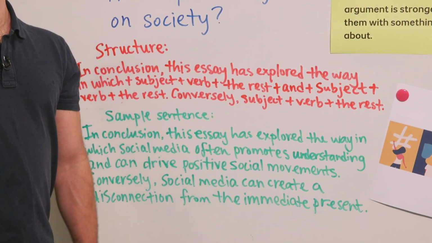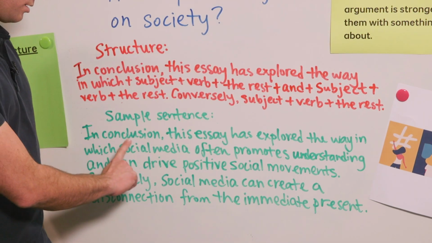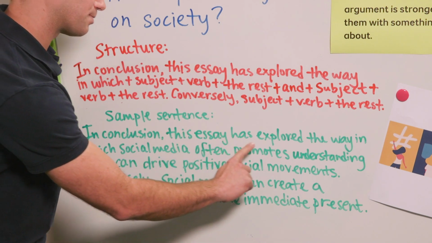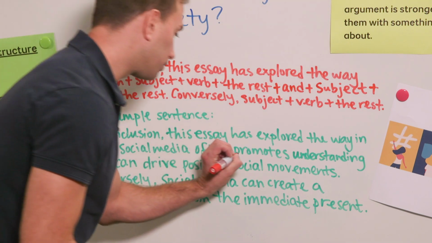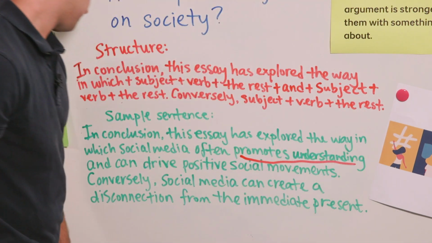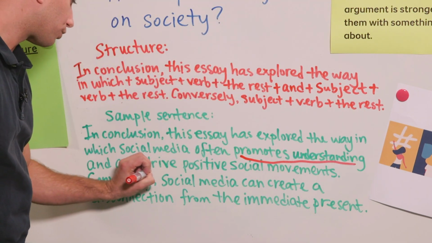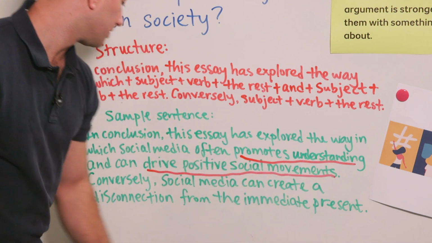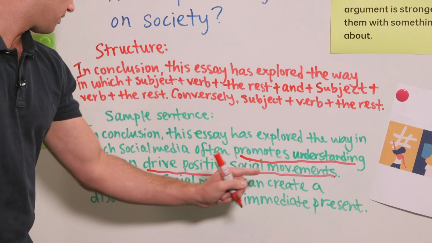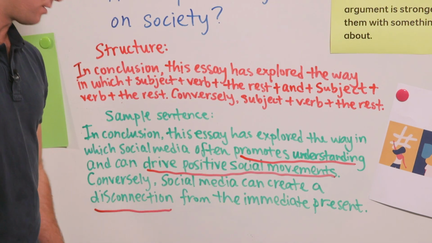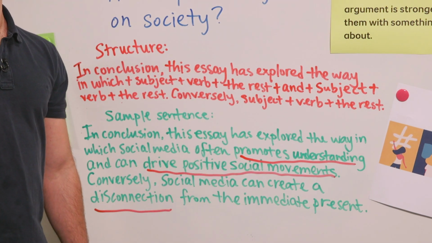So your summary statement could read, in conclusion, this essay has explored the way in which social media often promotes understanding and can drive positive social movements. Conversely, social media can create a disconnection from the immediate present.